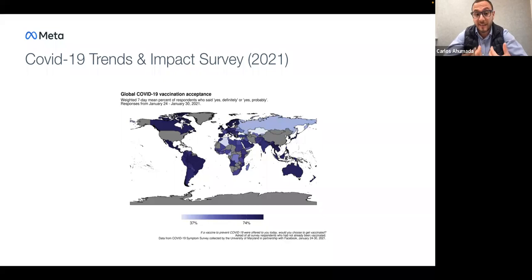The vaccination acceptance, for example, also has to do with where people are obtaining information from. If they are obtaining information from experts, from government officials, from other articles or media, and this survey also reflects that information flow. If we can go to the next slide, please.